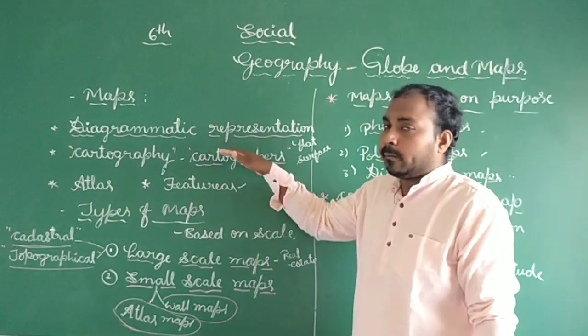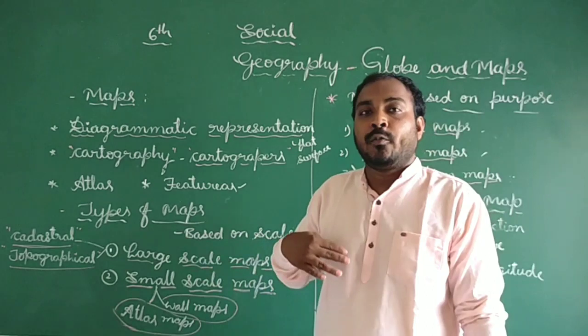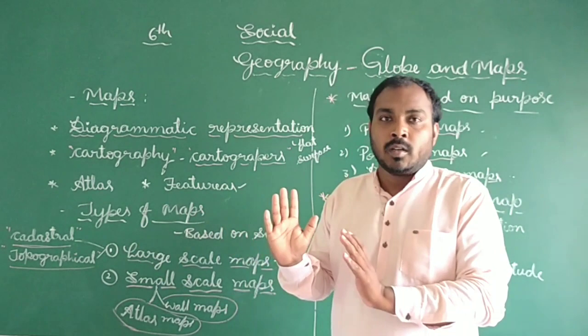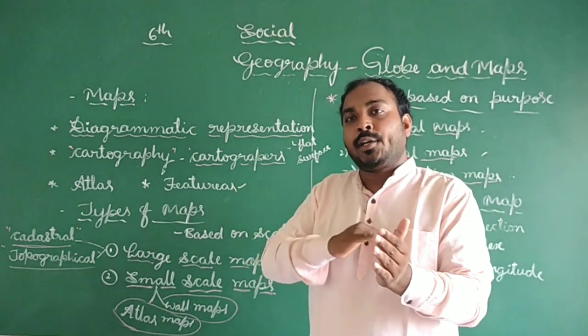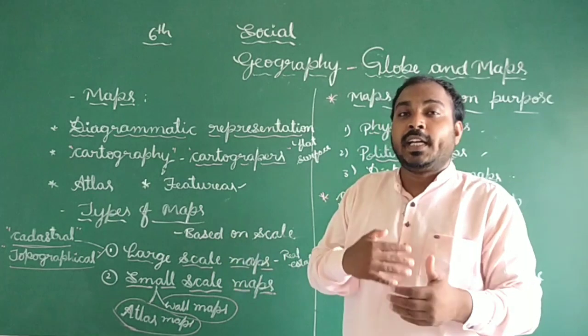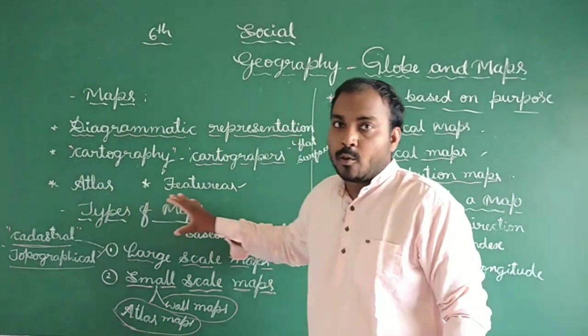But in maps we get detailed information about where the location is and which part it is located in, and which latitudes and longitudes pass through the countries or continents. This kind of detailed information you will get in maps. So this is a small piece of information about the map.